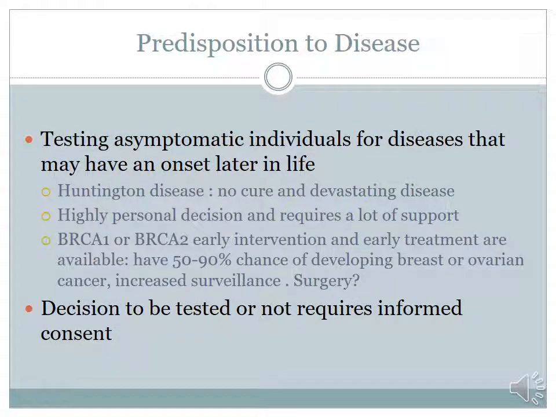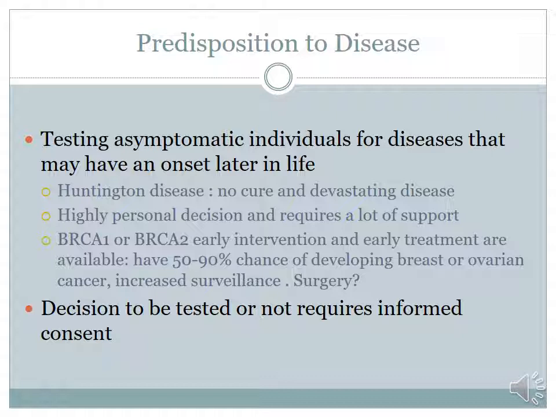In looking at those individuals who have a predisposition to a disease, consider testing asymptomatic individuals for diseases that may have an onset later on in life, such as Huntington's disease, which has no cure and is a devastating disease, as we've discussed before. It's a highly personal decision to do these tests, and it requires a lot of support. Another example of a test such as this would be the BRCA1 or BRCA2.